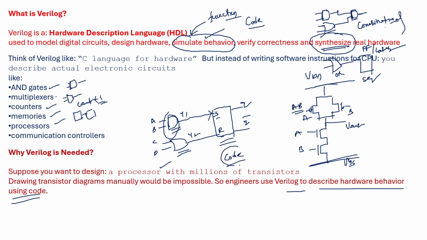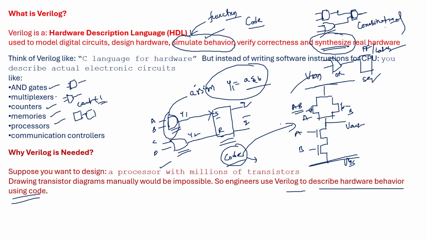Whatever the behavior of your circuit, that will be described by using code. See how we are writing the code for an AND gate. We simply use an assign statement: assign y1 = a and b. This entire circuit operation is replaced by this simple code, y1 = a and b.